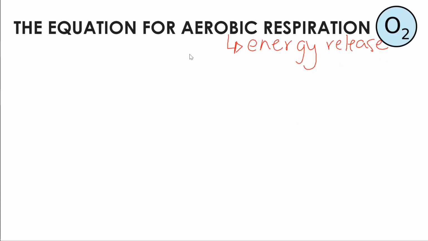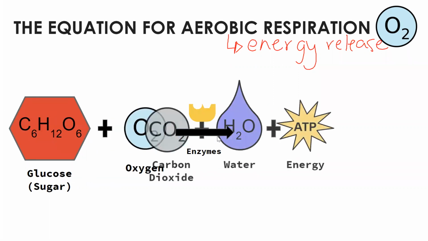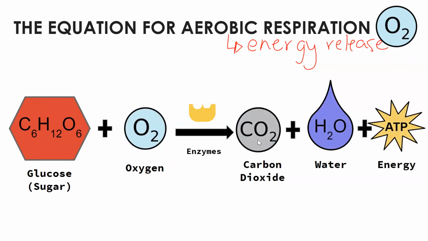In this process, all organisms, plants and animals, use glucose and oxygen in the presence of enzymes to break down that glucose and oxygen to yield or make carbon dioxide, water, and energy, or ATP, that high energy molecule.